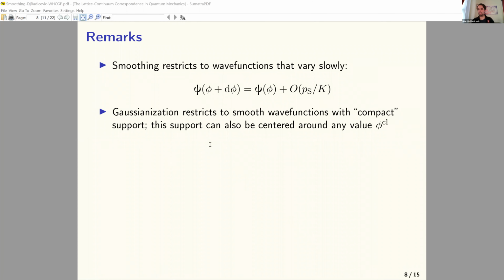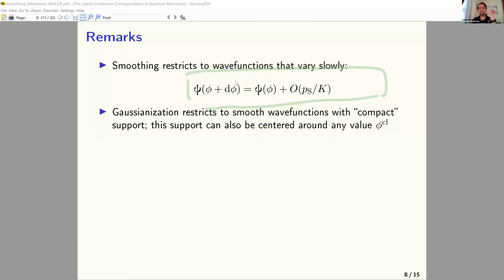Let me make a few remarks that might clarify what's going on here. As I mentioned already, smoothing restricts to a set of states that vary slowly in position space. So if psi of phi are my wave functions in position space in the original basis of positions, then any state in the smooth subspace has to obey this constraint on the wave function.